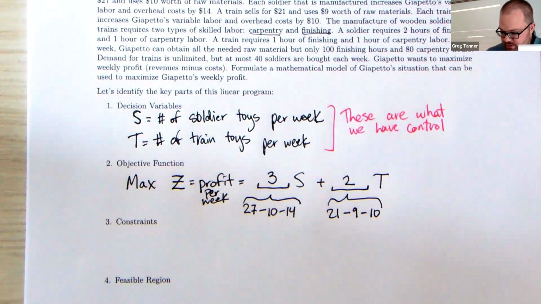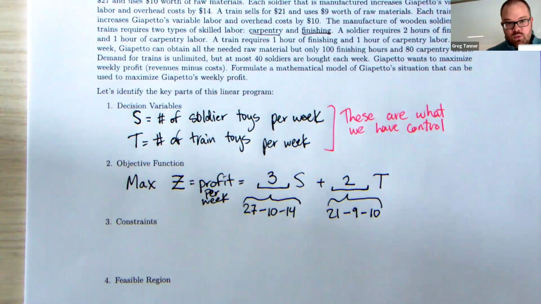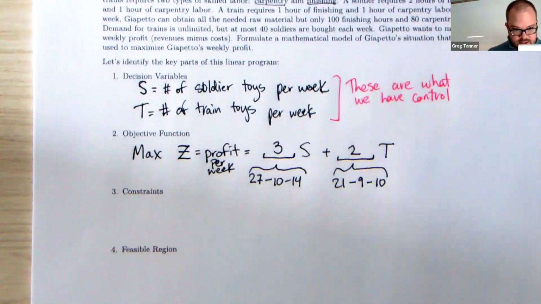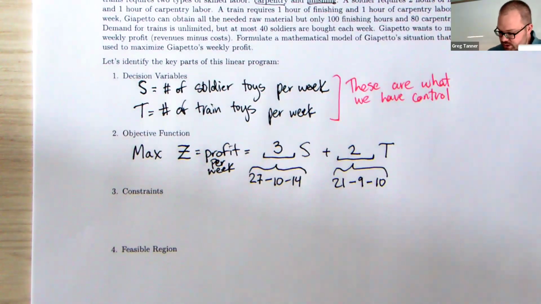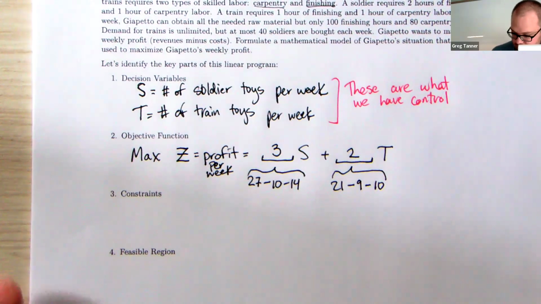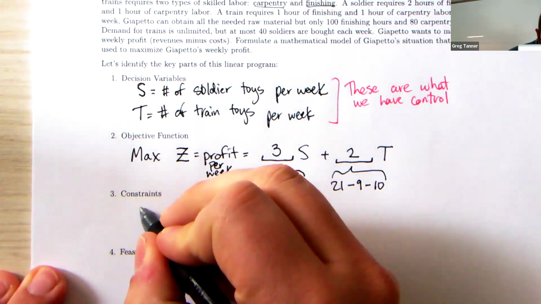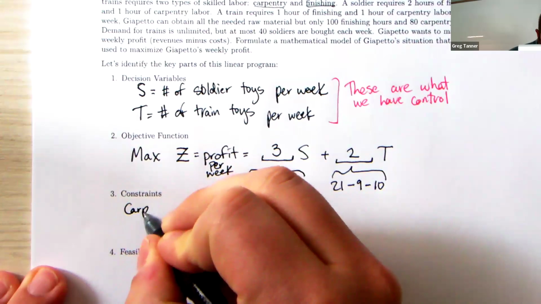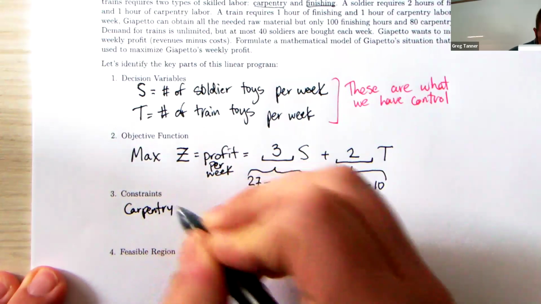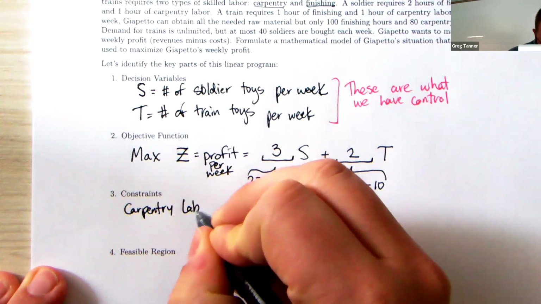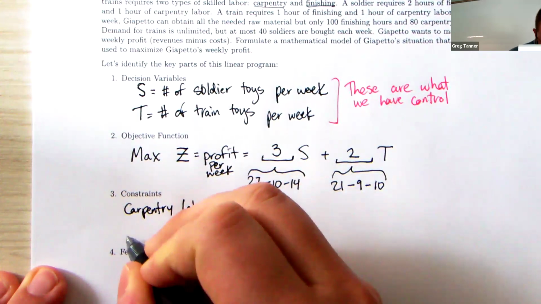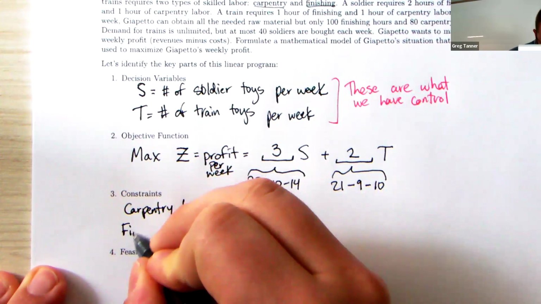Let's write out our constraints in words, and then we'll fill in what the formulas are. We're going to have a limit on carpentry. We're going to have a limit on finishing labor.